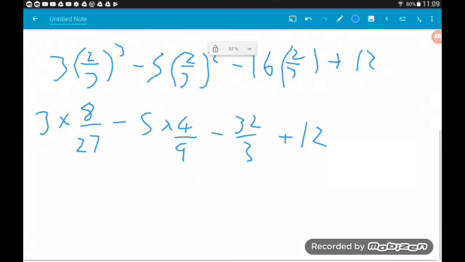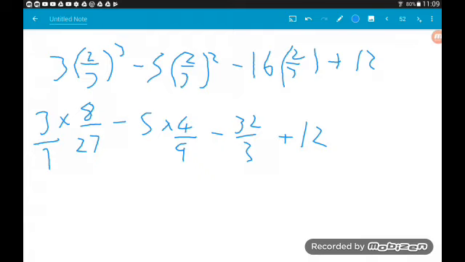Okay, well, 3 times 8 over 27. If you like, you can think of 3 as being 3 over 1. Now, when we do that multiplication, we're going to get 3 times 8 over 1 times 27.